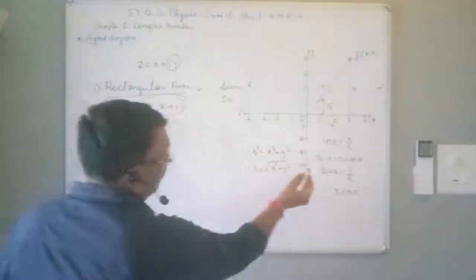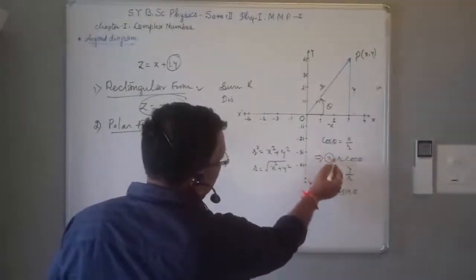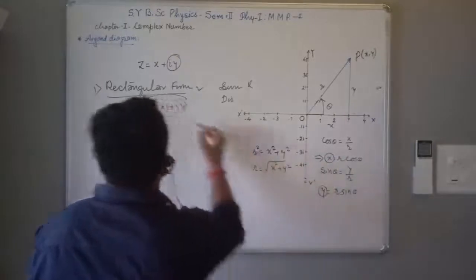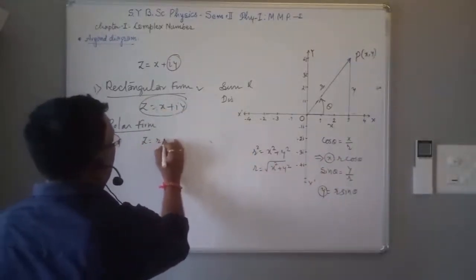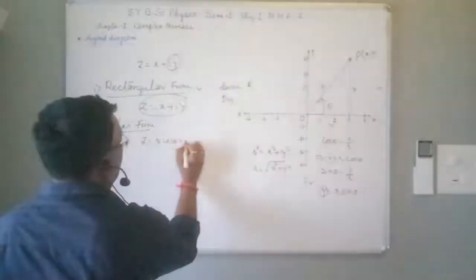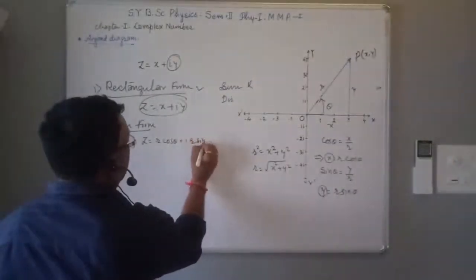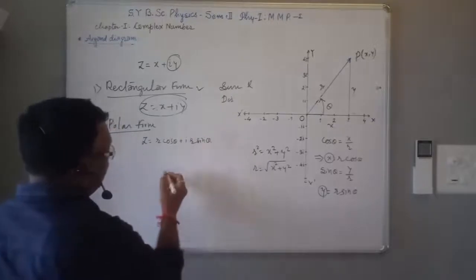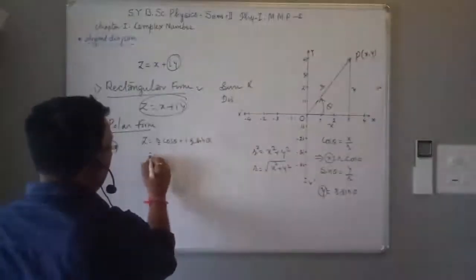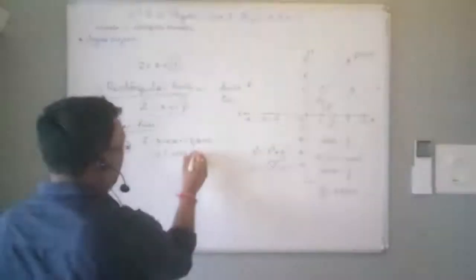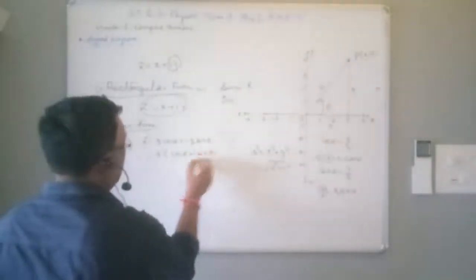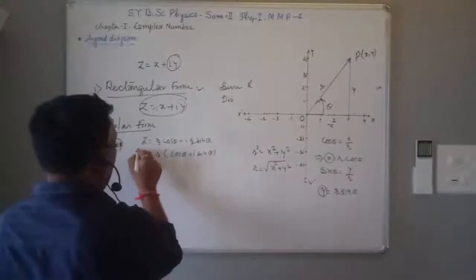Substitute the value of x and y. Here we get z is equal to r cos theta plus i r sin theta. Simplify this term, r is common, therefore z is equal to r times cos theta plus i sin theta.